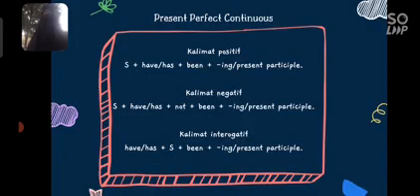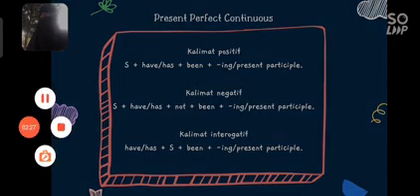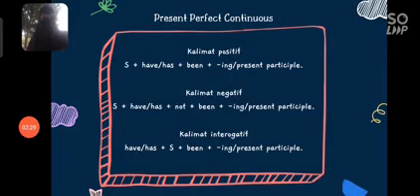Next, it's present perfect continuous. This is the present perfect continuous tense. You can see for positive tense, you can use subject plus have or has plus been, plus verb ing or present participle.